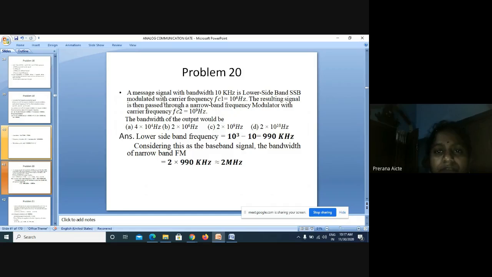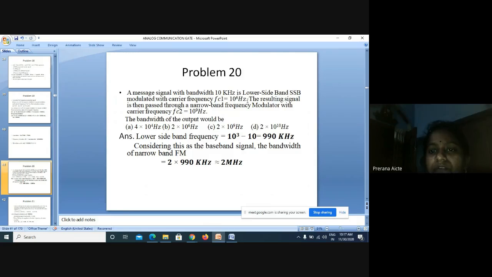So next question. We'll go with a simple example. A message signal with bandwidth of 10 kilohertz is lower sideband SSB modulated with a carrier frequency fc1 equal to 10 power 6 hertz.